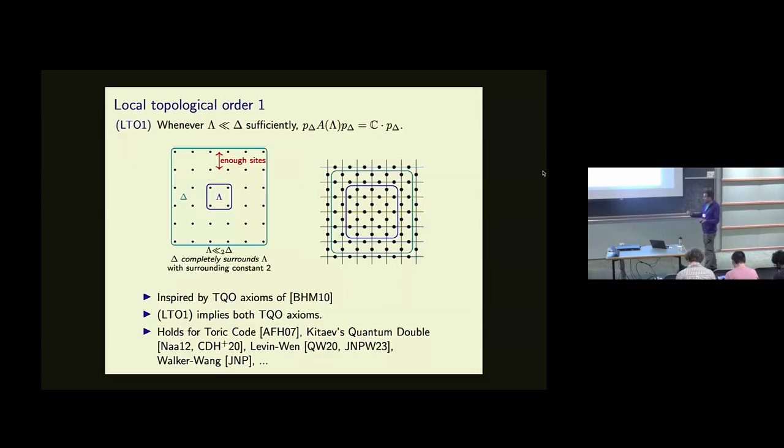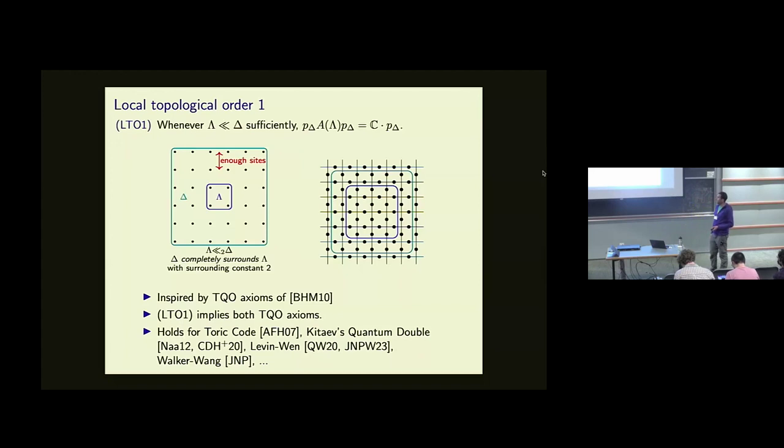Again, I have a net of algebras with a net of projections, but I don't know that there's any Hamiltonian. So what does it mean to be a ground state? For a ground state, I need interactions. But I get a canonical state, and that state is a pure state. It's the unique state that is 1 on all of the projections in the net, from the operator algebra language.